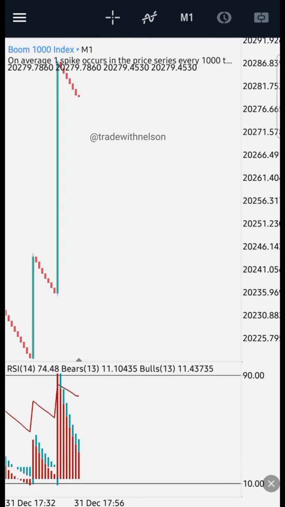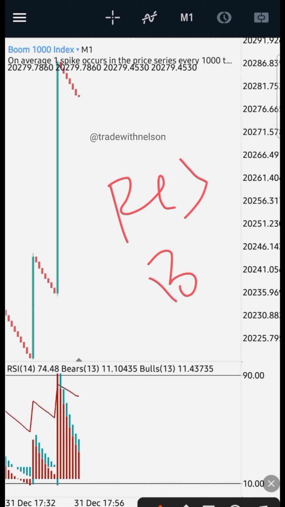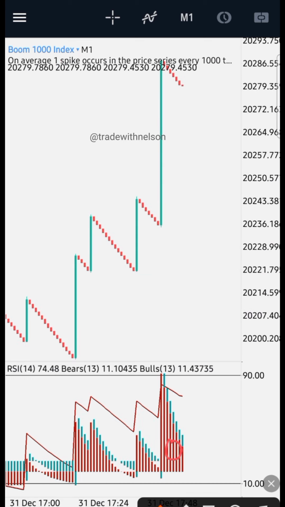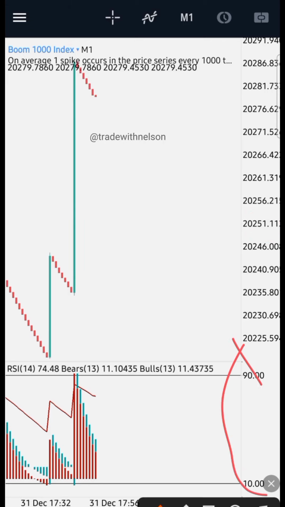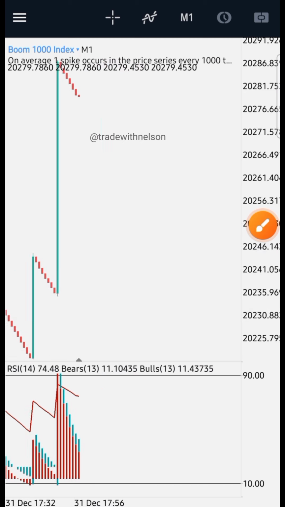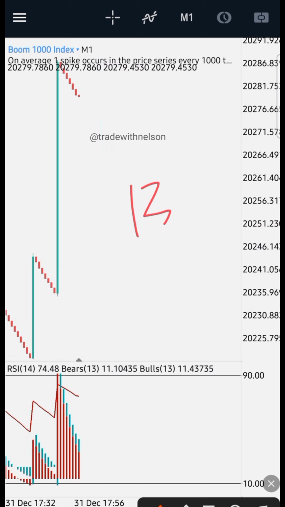As you can see on this strategy, I have three indicators. I have the RSI, and I have the bull and bear powers. The red you see over here is the bull power, the green inside is the bear power, and the RSI has levels 90 and 10. We all know what the RSI is used for: to know when the market is overbought and oversold.